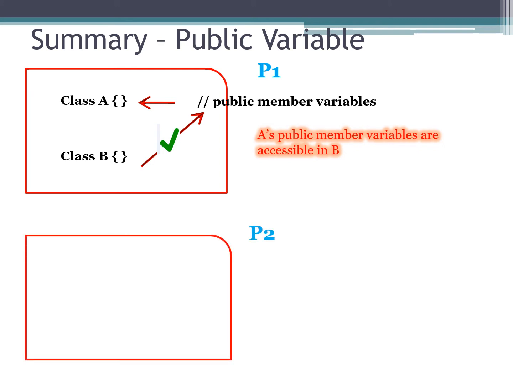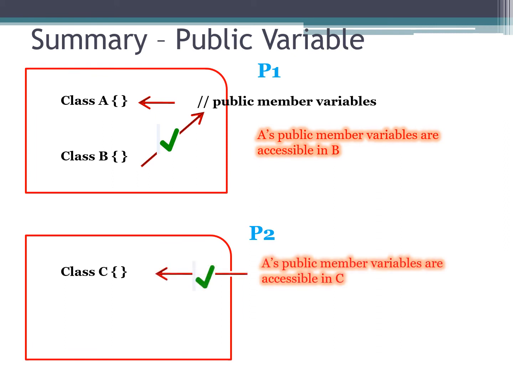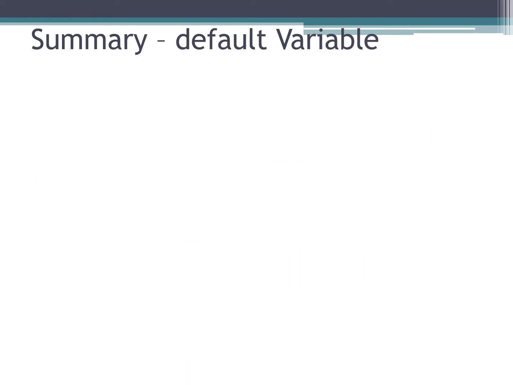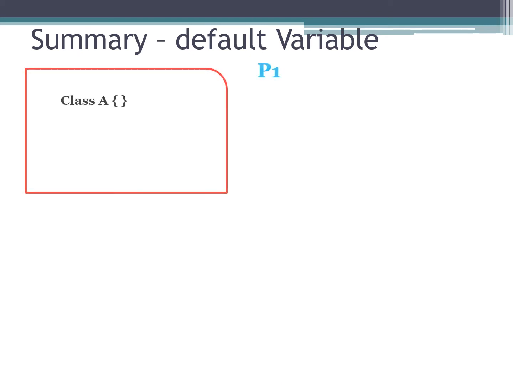Next scenario, let's say there is a package P2. In P2 we have, let's say, class C. This class C is able to access A's public variable. Now let's check the visibility of default variables.